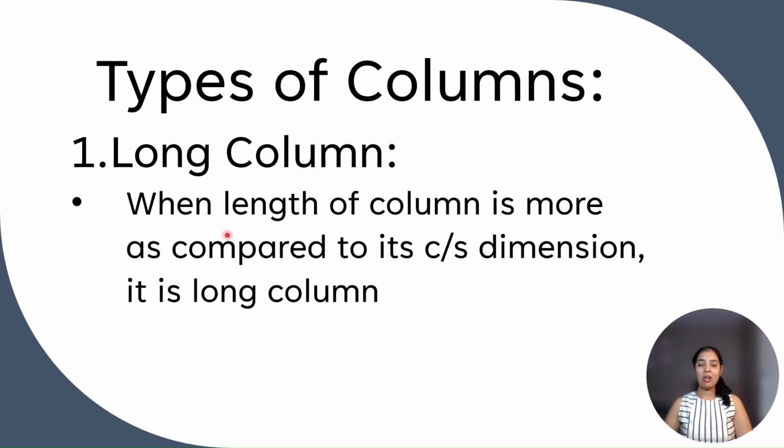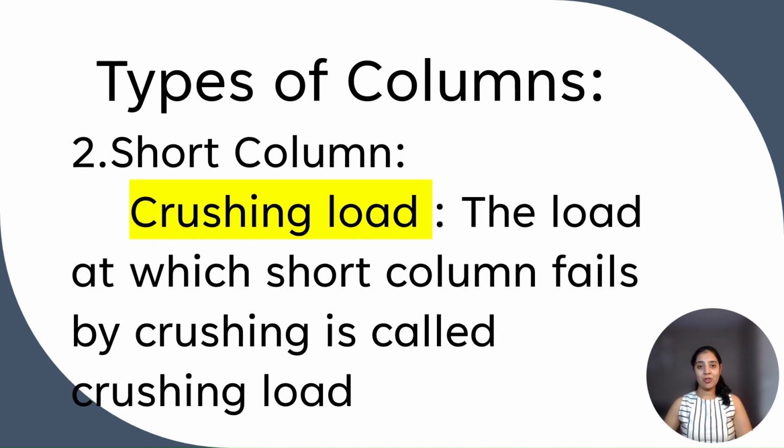So long columns are the columns which has length more as compared to its cross-sectional dimension. And short columns, these are the columns which has length very less as compared to its cross-sectional dimension.